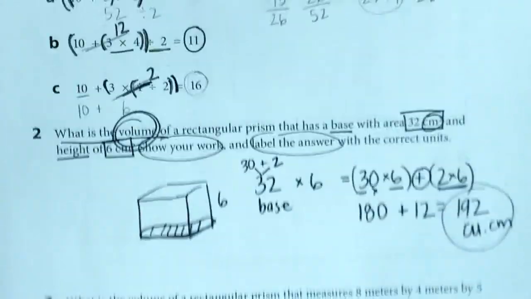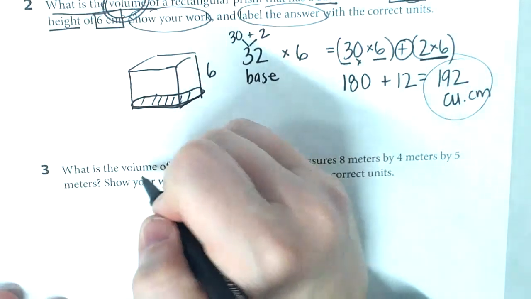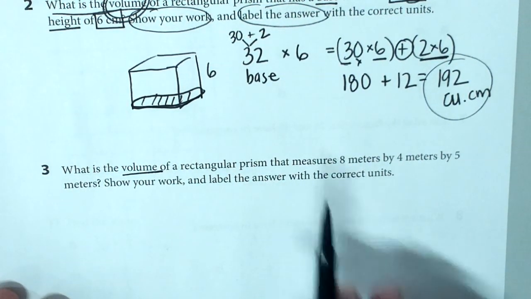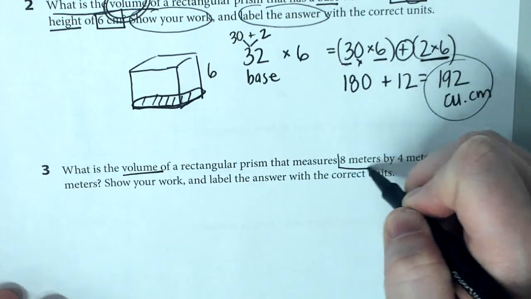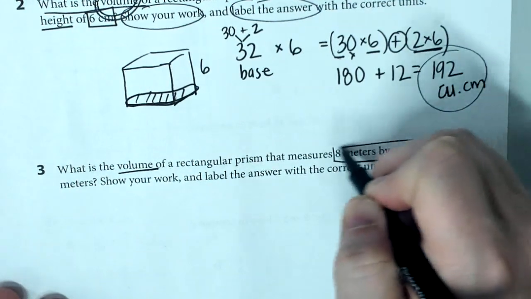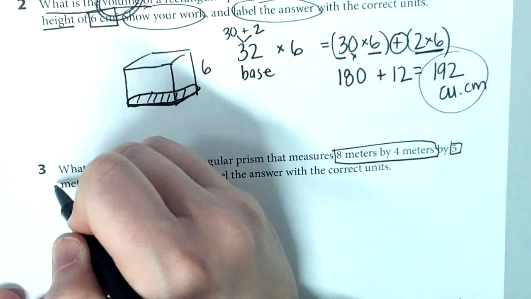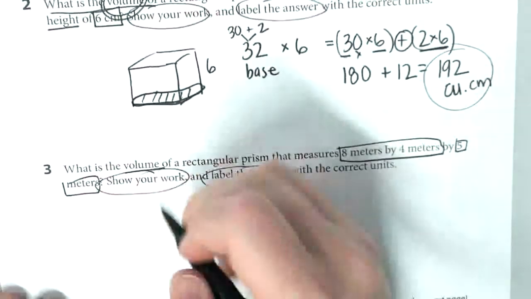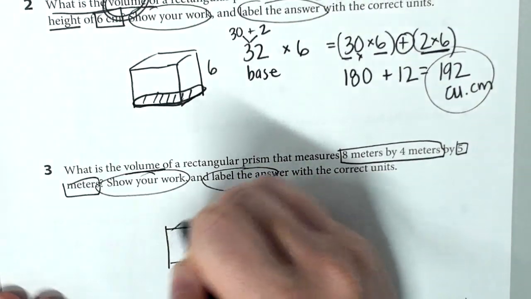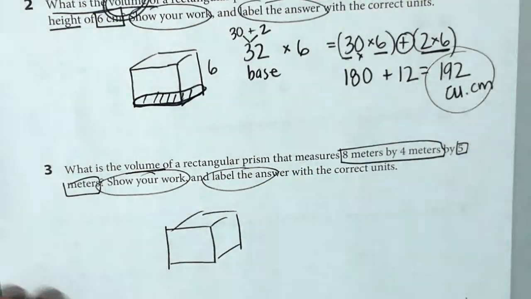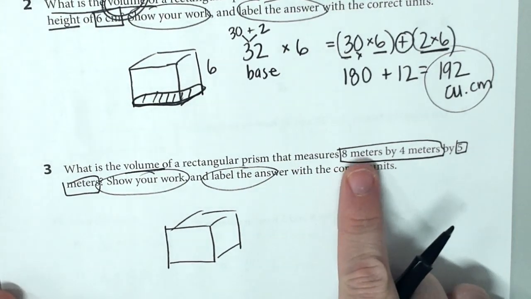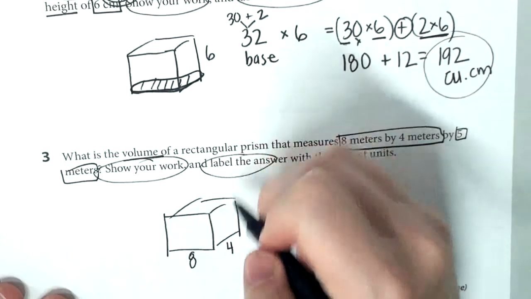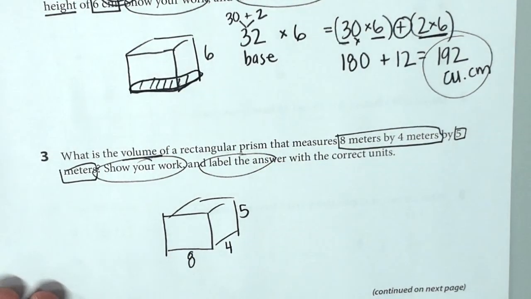Number 3. What is the volume, again, of a rectangular prism that measures 8 meters by 4 meters by 5 meters? Show our work and label our answer. So I'm going to sketch out my prism again. The dimensions are 8 by 4 by 5.